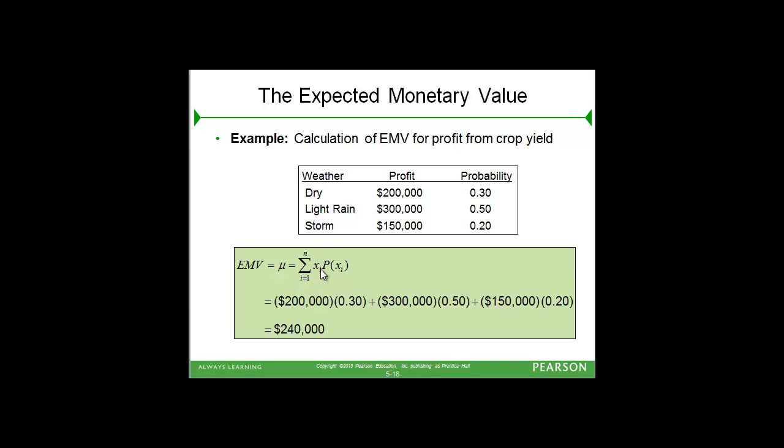That equals 200,000 times 0.3, plus 300,000 times 0.5, plus 150,000 times 0.2, the probabilities. So the result is 240,000 US dollars. That is the expected monetary value, the expected average profit for this crop field in the future.